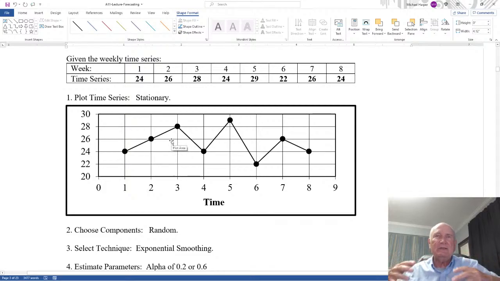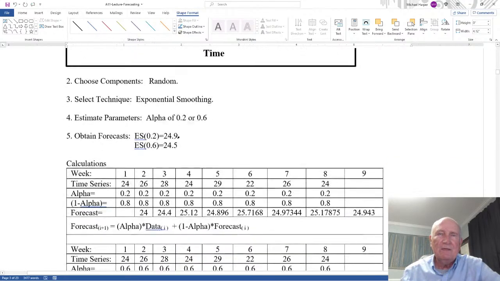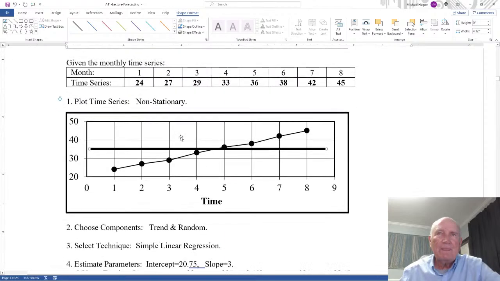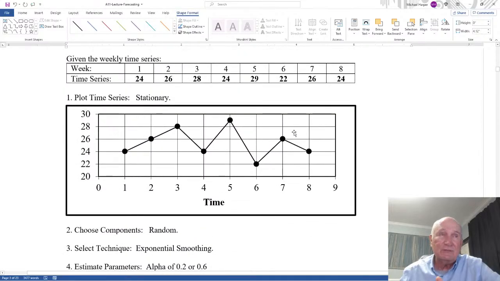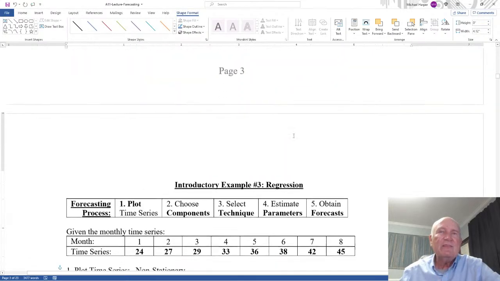The population mean in a time series is referred to as a stationary mean. So what's causing variability around that mean? Well, the variability up here is random because there is no pattern. But down here, there is a pattern.